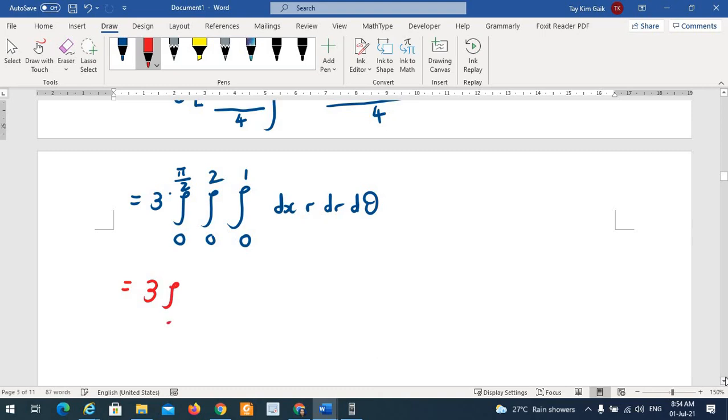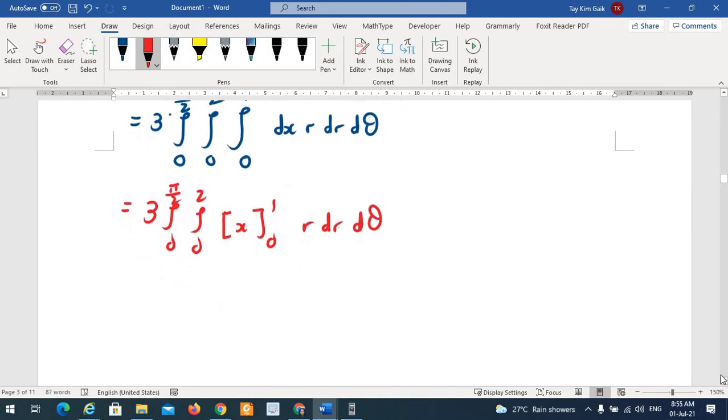And then you integrate. 1 with r dx, this is x, 0 to 1, r dr d theta. So we will get 0 to 2 r dr d theta.